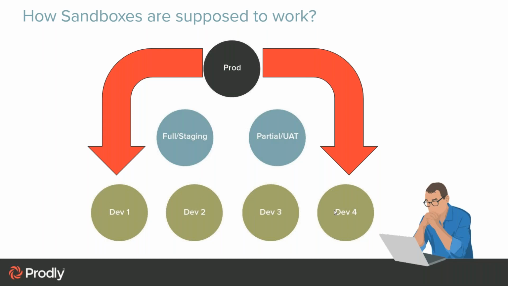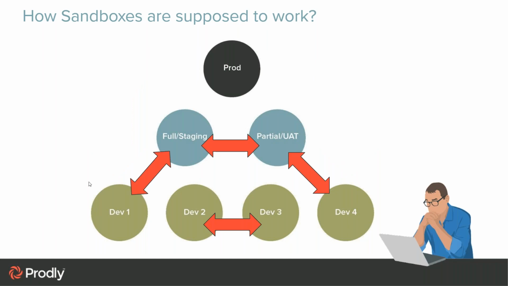So obviously, the dev boxes are only as good and as useful as the data that is in them. So ideally, once you have seeded those sandboxes with accurate and up-to-date data that lives in production, you want to be able to move that data, right? So after that initial period is over, the ability to say, hey, these new features have been created, they've been tested, let's take it to the next level.